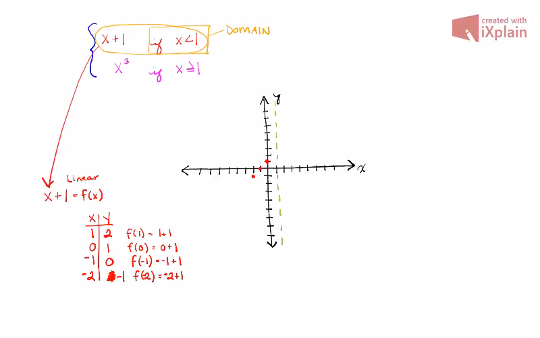So the last one at point 1, 2, I'm going to intentionally leave this as an open circle. The reason why is because of how the domain is written. Notice that it's less than 1. In other words, as we were discussing domain yesterday with inequalities, a less than sign means that you can get really close to the 1, but you can't actually use it.